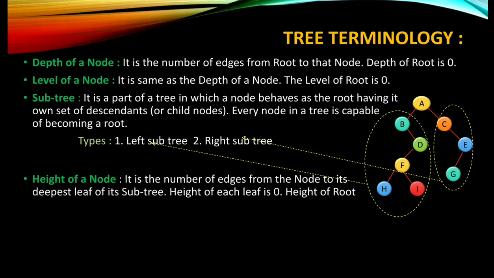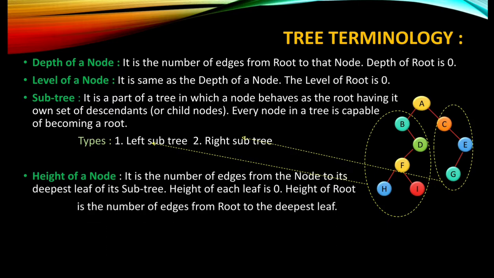Now moving further, height of a node. It is the number of edges from the node to the deepest leaf of the subtree. The height of a leaf is 0. The height of the root is the number of edges from the root to the deepest leaf.